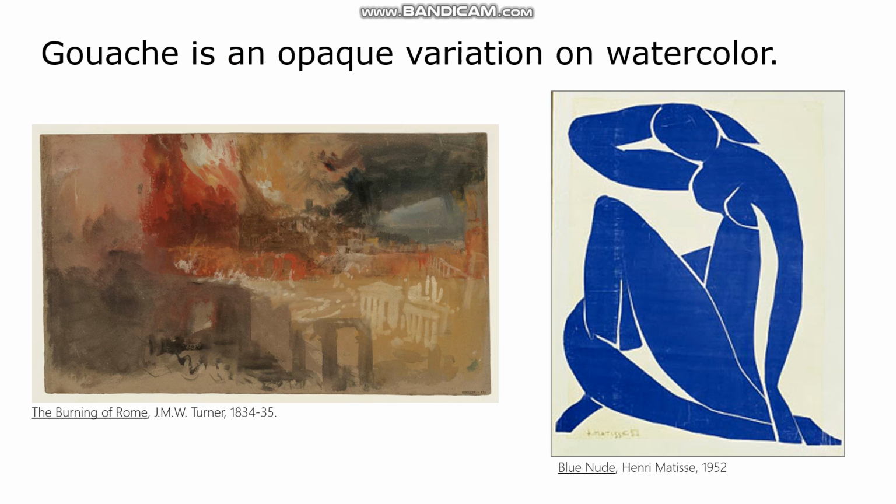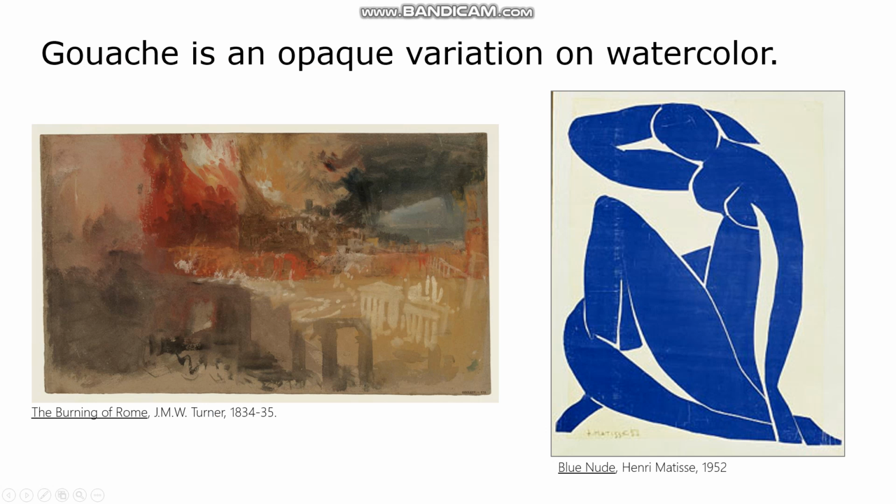But there is an opaque version of watercolor, and that's called gouache. The binder here is also gum arabic, but there are some slight chemical properties, some additives that are added to the paint, to make these paints very, very opaque. And there are lots of artists who combine gouache and watercolor as well.